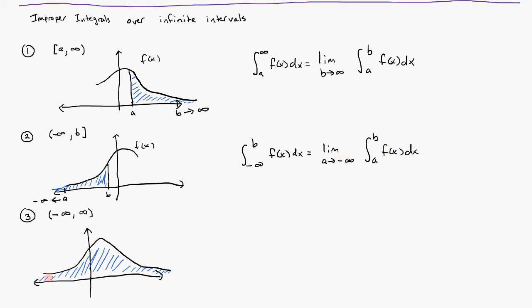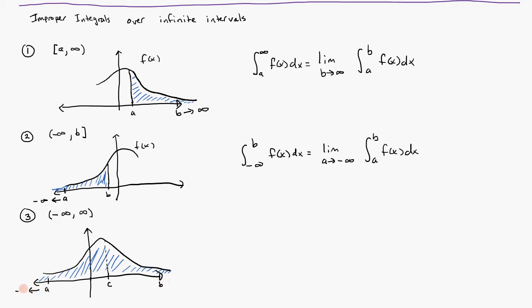And then finally, when you're integrating over the entire x-axis, because both the left side and the right side are going to infinity, what you actually have to do is split it into two integrals. So suppose I split it down the middle somewhere, any point, you can use any point, and you have a right endpoint and a left endpoint, and each of these goes to infinity.